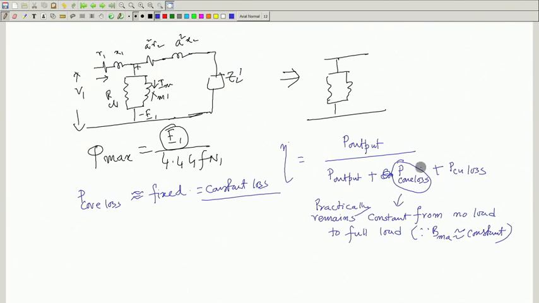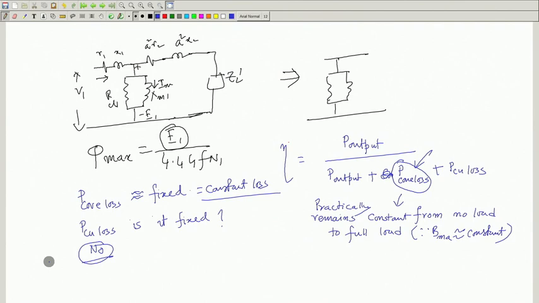Now, the other loss, what is this loss, P copper loss? Is it fixed? The answer is no. Why no? The answer is very simple.